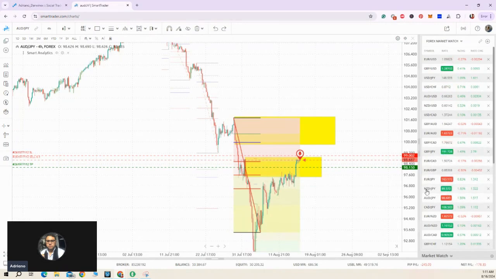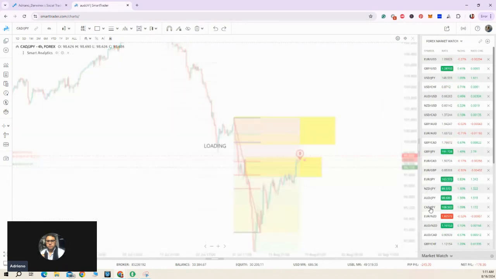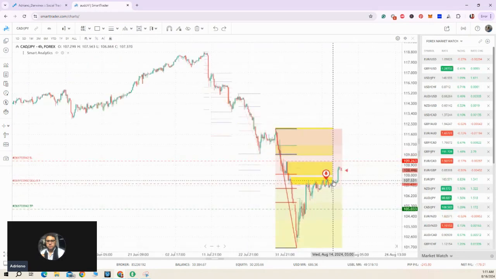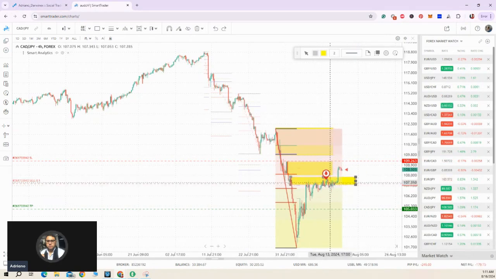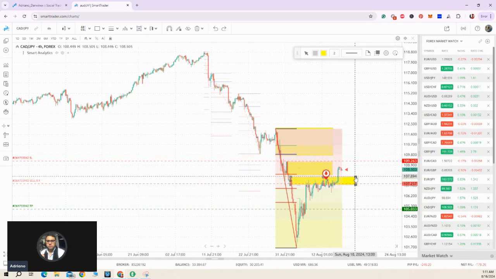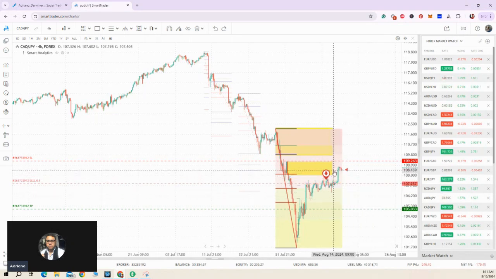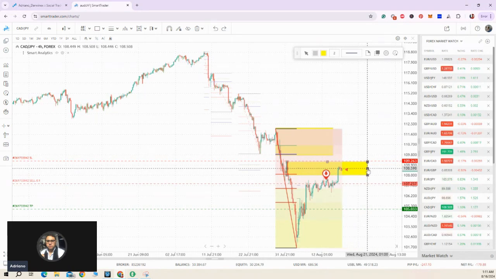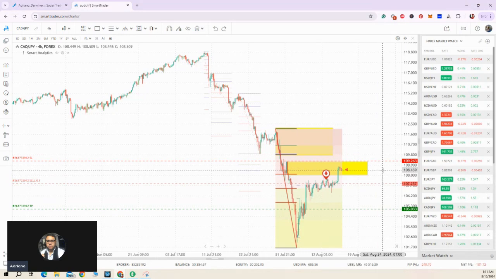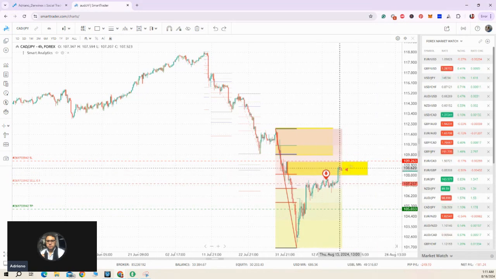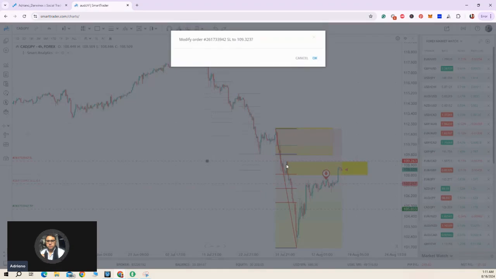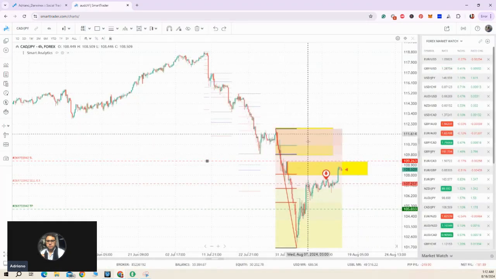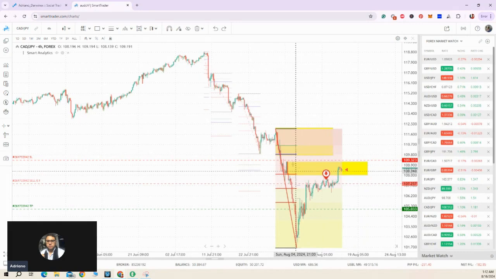CAD JPY. So it broke. You see the market now stays in sideways mode. Broke the supply zone. This is not good anymore. And then now we have this supply zone as well. Let me just move my stop loss a few pips above this high. It's too close to the high here.